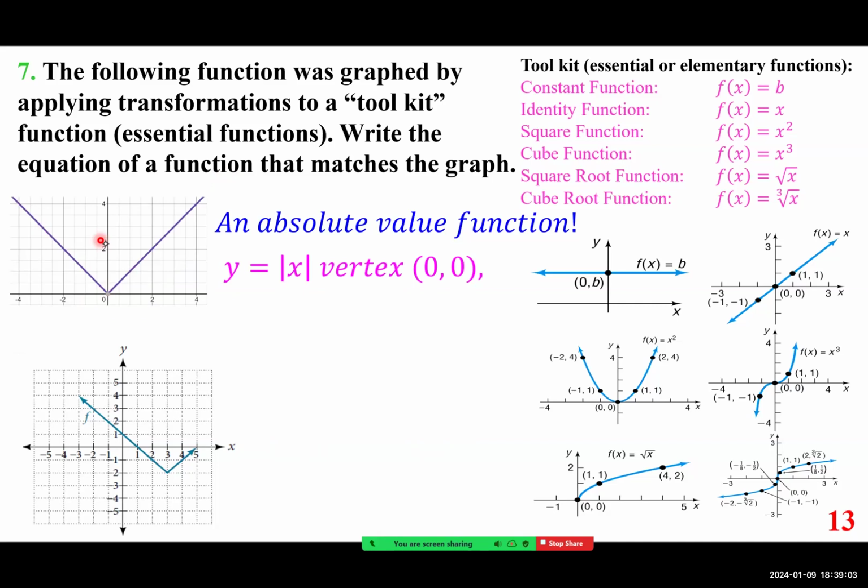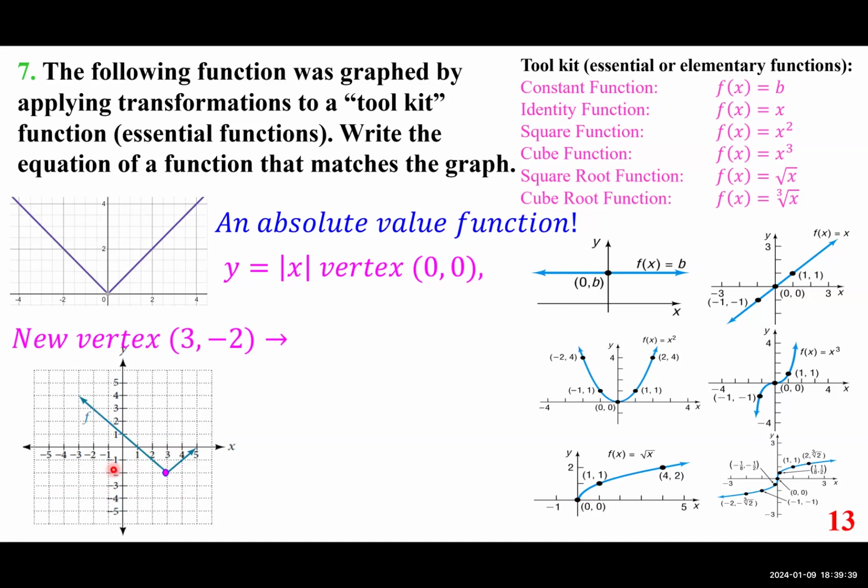So what transformation takes place? We want to find the equation. One easy way is to locate easy points. Number one, the vertex has coordinates 3, -2. And the general formula of an absolute value function is like that of a quadratic function. If you recall, it was a times x minus h quantity squared plus k.